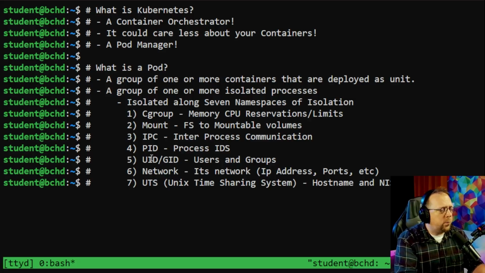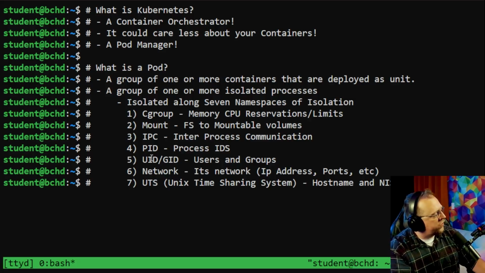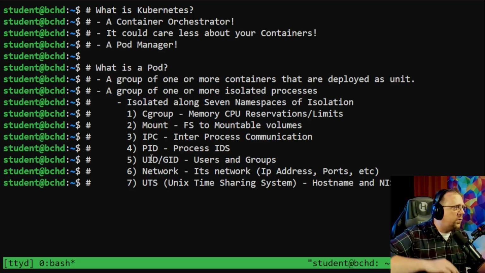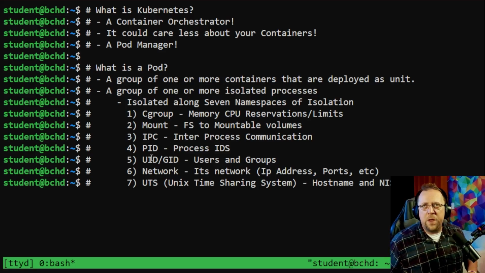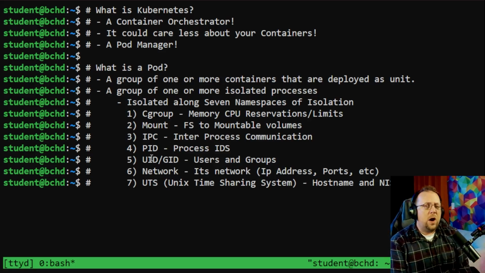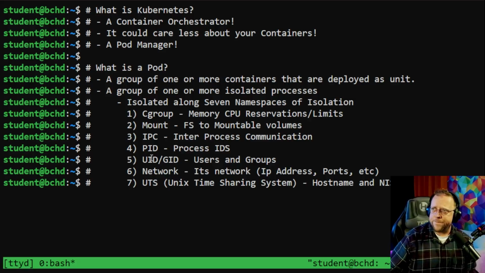Okay, so that's what that is. That is a container. It's just an isolated process, which is isolated along 7 namespaces of isolation, and there they all are. That's a container. Any other definition is wrong.